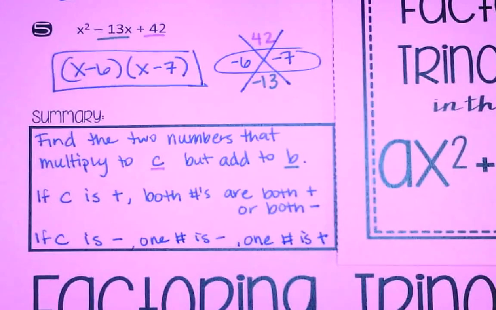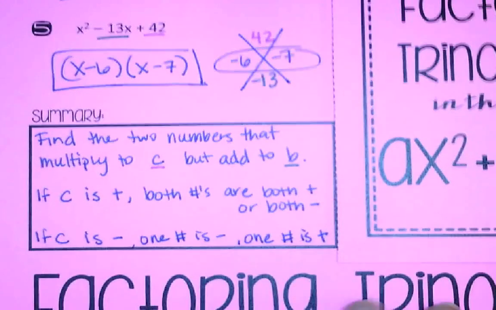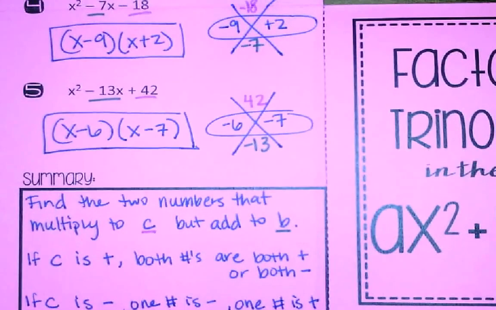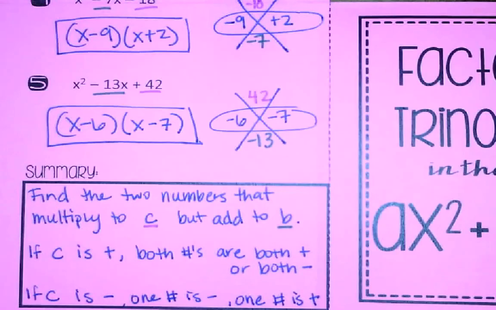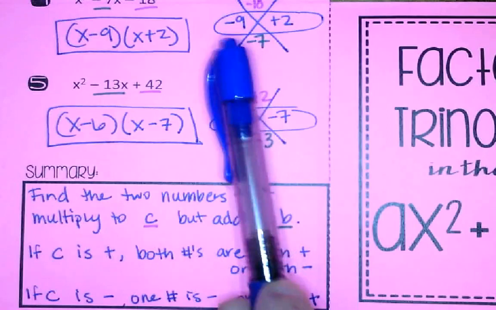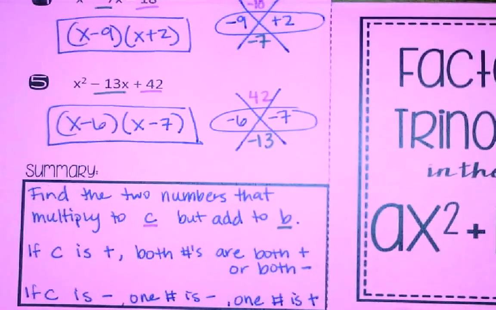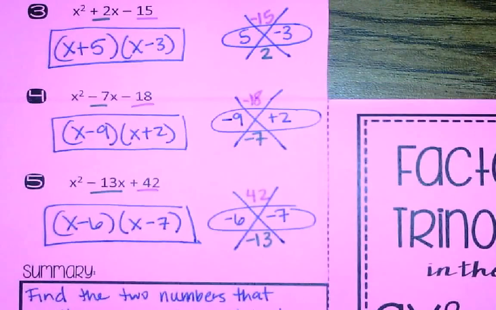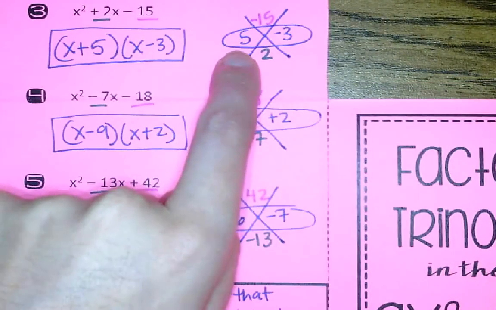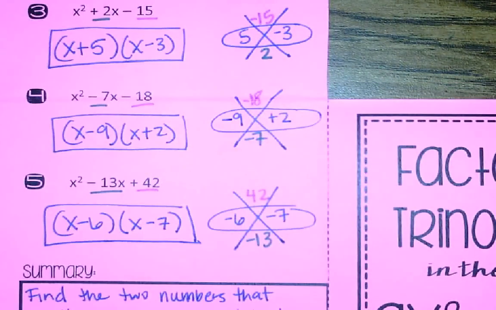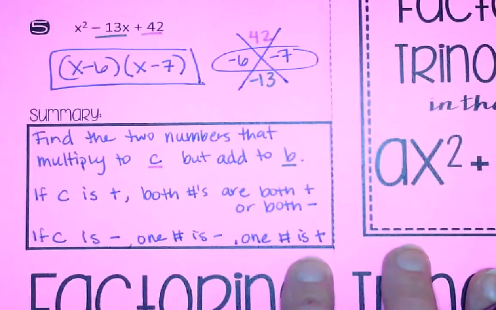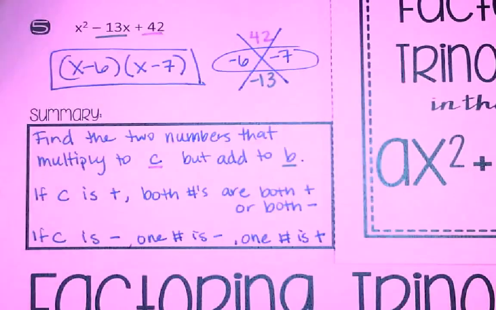How do you guys decide which one is the positive number and which one is the negative number? You look at your B. If your B is negative, the bigger number is negative. If B is positive, the bigger number is positive. Does that make sense? Okay? So this is just a quick little review about how to factor. You have your lovely trinomials here.